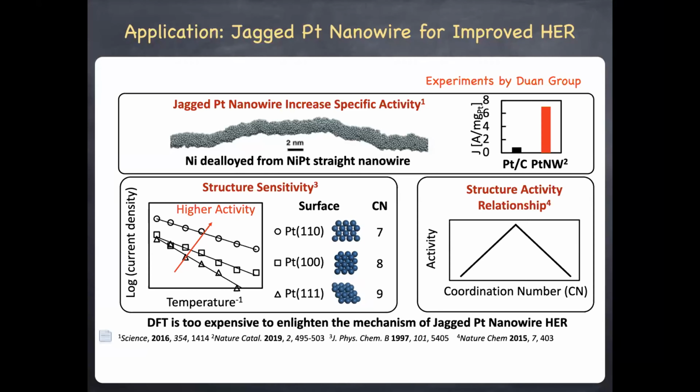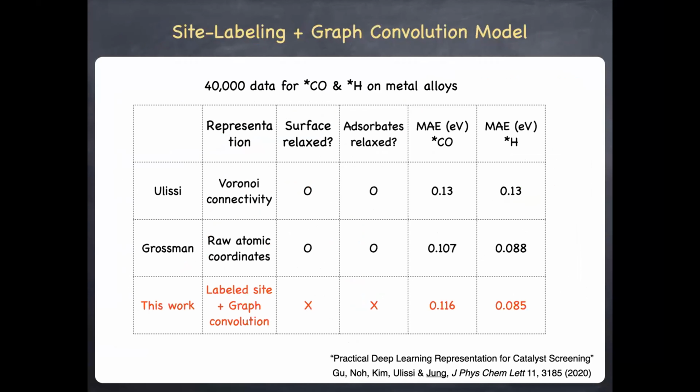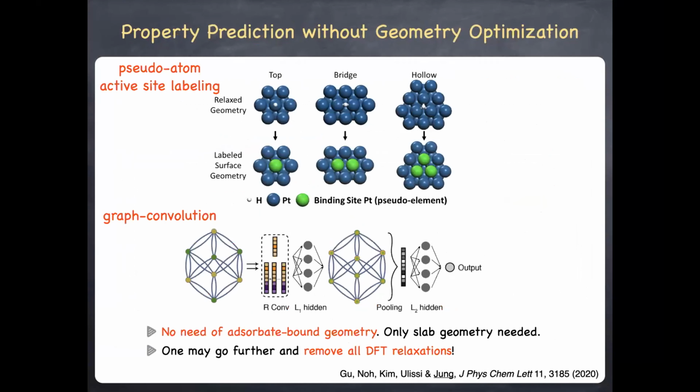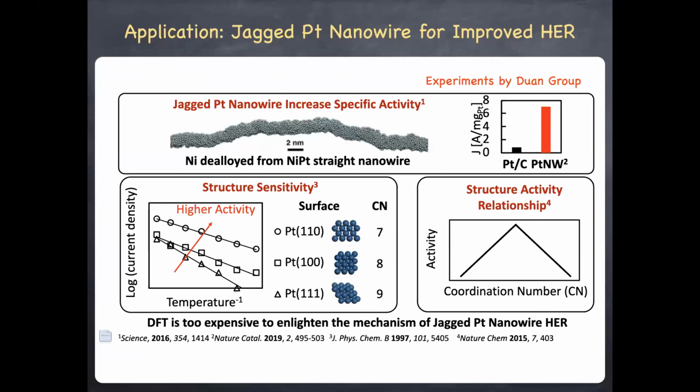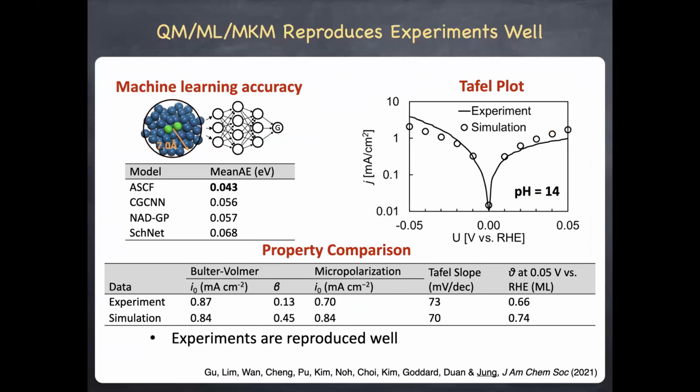But we also understand that DFT optimization of this jagged platinum nanowire for every single active site is intractable. So that's why we need the method that would allow us to compute the binding energies without geometry relaxations. And that's why we worked on this. And since we now have the method, we applied it to these jagged platinum nanowires.